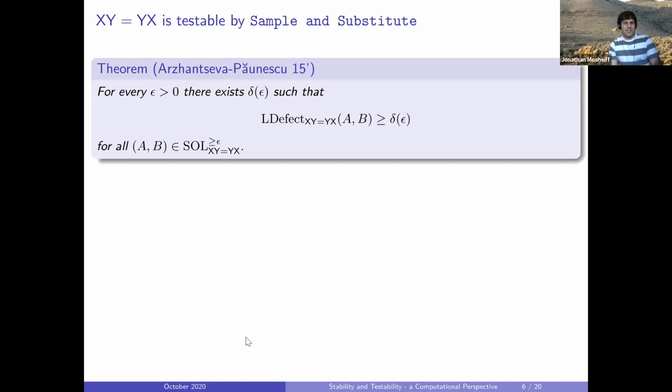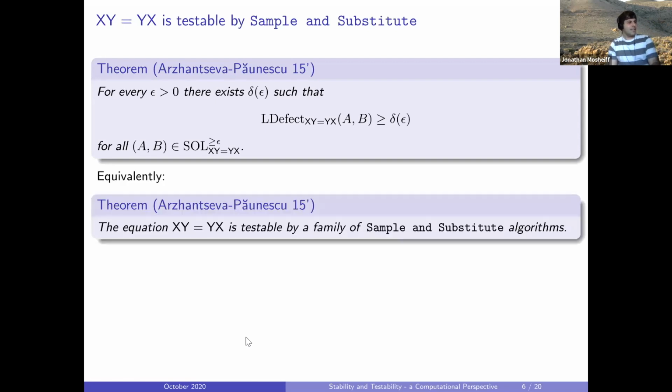Of course, they stated it a bit differently. They stated it as, say, the group Z squared is stable, and we're going to get to that soon. But this is essentially what the theorem says. So equivalently, this theorem says that the equation xy equals yx is testable by sample and substitute algorithms.